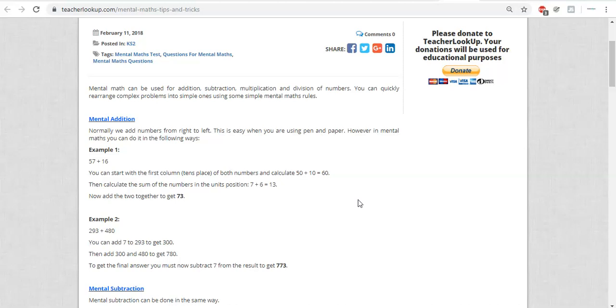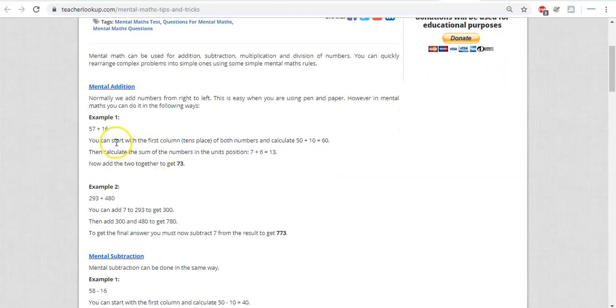So, for example, mental addition. Normally, we add numbers from right to left. This is easy when you are using pen and paper. However, in mental maths, you can do it in the following ways. Let's take an example of 57 plus 16.